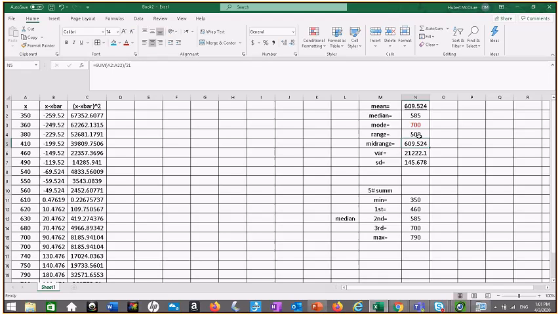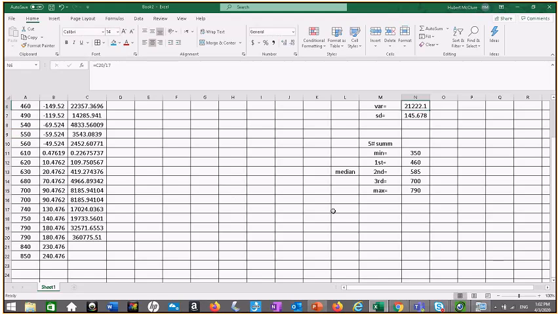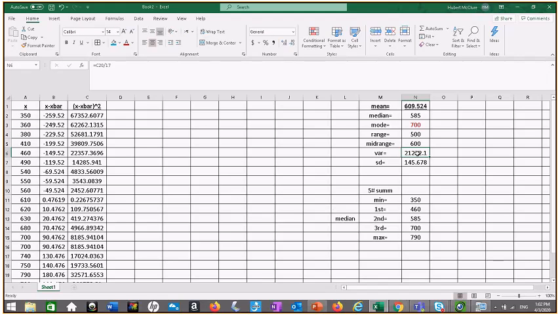Range, I did the range. Mid-range is equal to the lowest plus the highest divided by 2. So the mid-range is equal to 600.